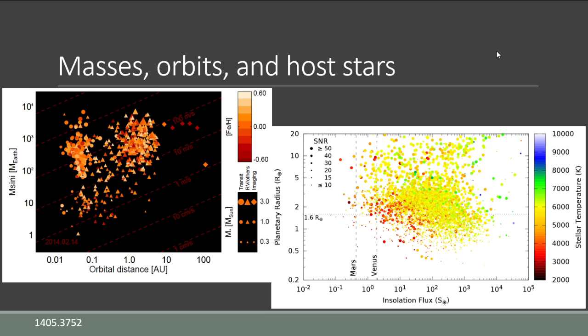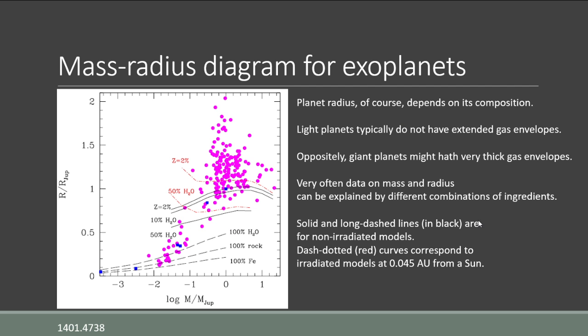So just to remind you, we have mass measurements, orbital distances, and we can measure how much energy a planet gets from its host star due to light, due to radiation.